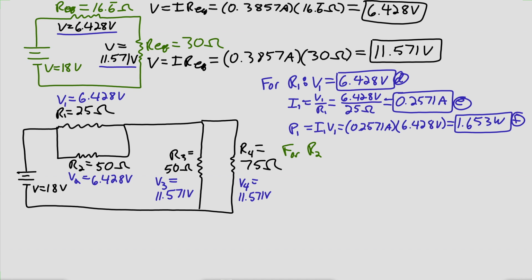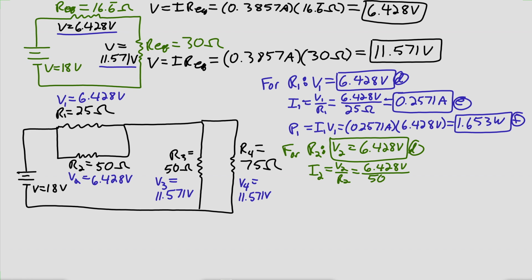So for R2, V2 is equal to, it's the same voltage, 6.428 volts. So that's one of my answers for D. To get the current, we're just using a version of Ohm's law. I2 is going to be V2 over R2. 6.428 volts, R2 is 50 ohms.